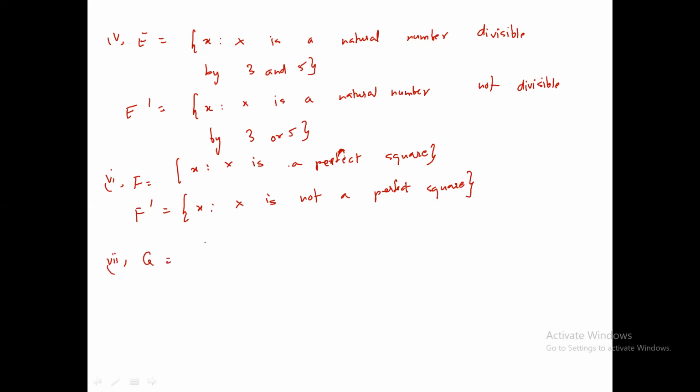Seventh one is G, the set having x such that x is a perfect cube. So G dash you will have x such that x is not a perfect cube.